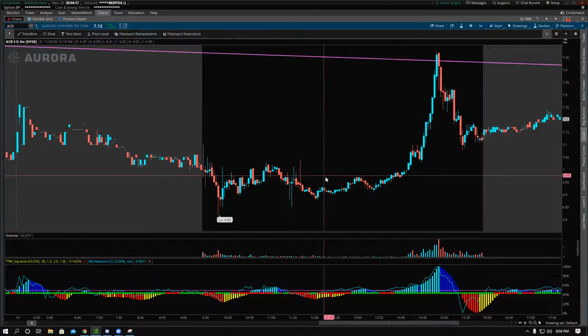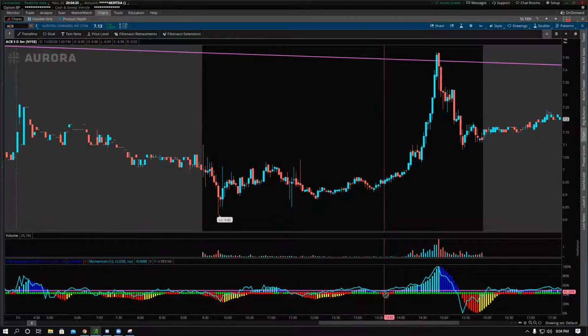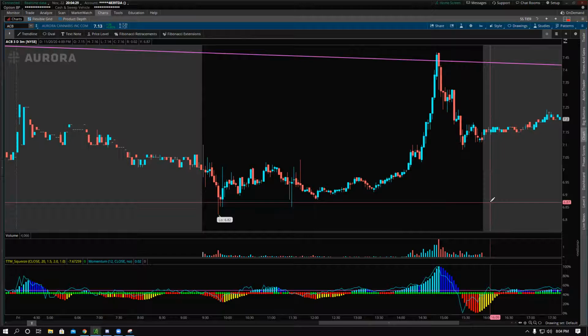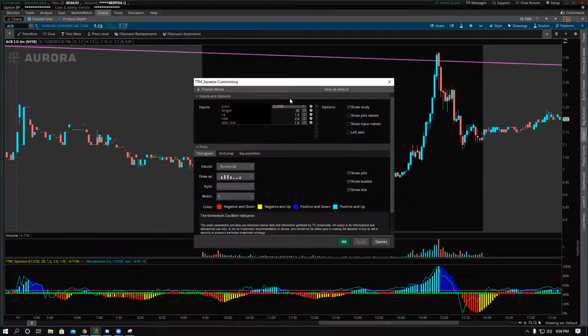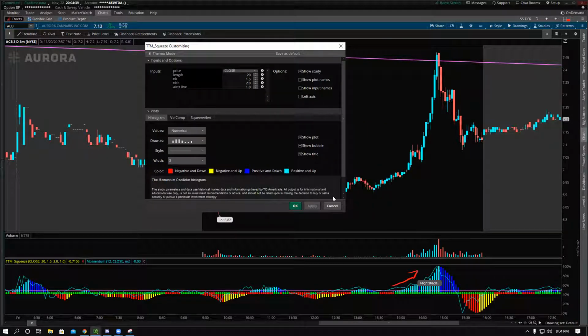All right, so this might look a bit confusing to you guys, so I'll explain it real quick. The first thing you want to look at are these little colored bars right here. It's going to be different on everyone's chart. If you're using TradingView, I think the colors are a bit different, but the concept is all the same. There are 4 colors on every TTM Squeeze indicator. One shows increasing momentum, and the other shows decreasing momentum.